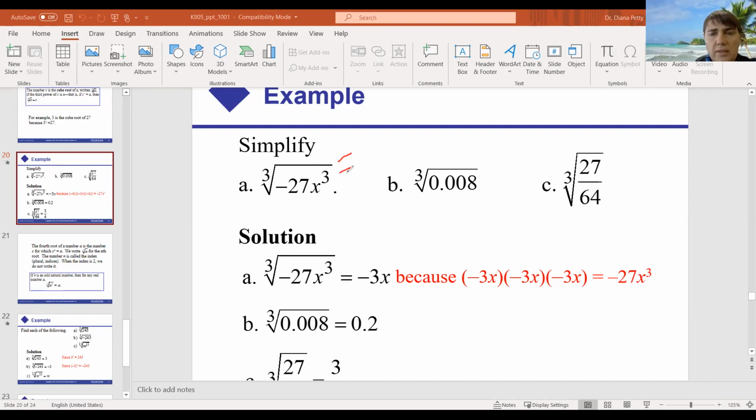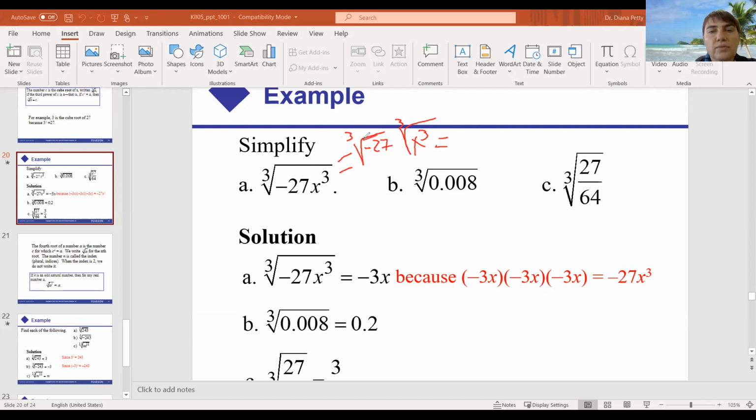You can actually split it. Let's just split it into cube roots, which makes it easier. Cube root of negative 27 and cube root of x cubed. Don't forget the 3 is there. I think it's called an index. It's the index of the root on the radical.